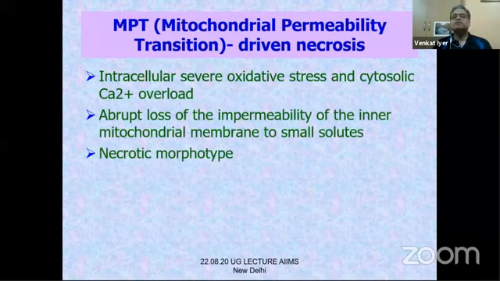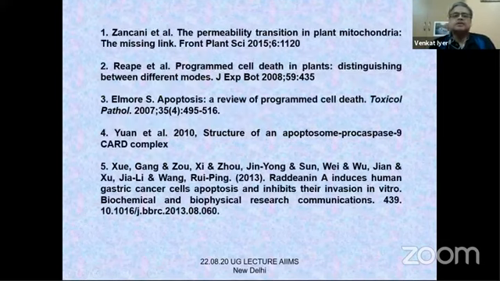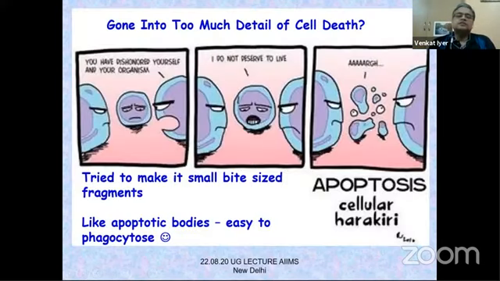MPT or mitochondrial permeability transition driven necrosis is what I discussed in plant cells, where there is intracellular oxidative stress followed by cytoplasmic calcium overload, and it causes a necrotic morphotype. These are some of the references of what I explained. So you might think that I've gone into too much detail of cell death.